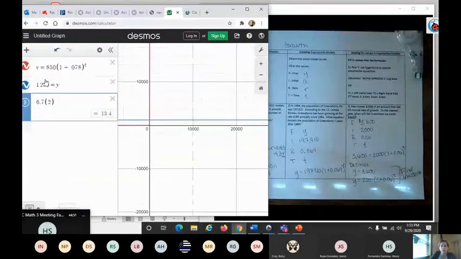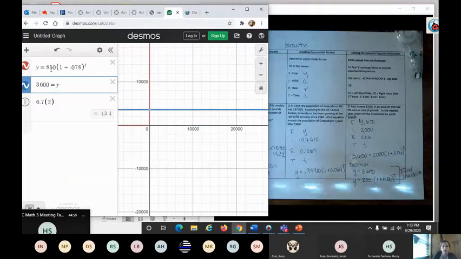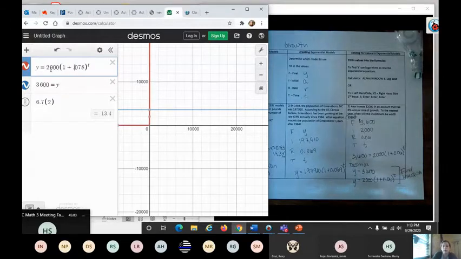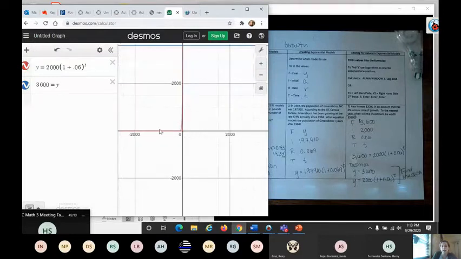Okay, so I did one earlier today while I was making your practice. So our final amount is the 3,600. We have 2,000 as our initial amount. And then 1 plus 0.06. We get rid of this guy. And you guys can see here, the red is our exponential function curve.